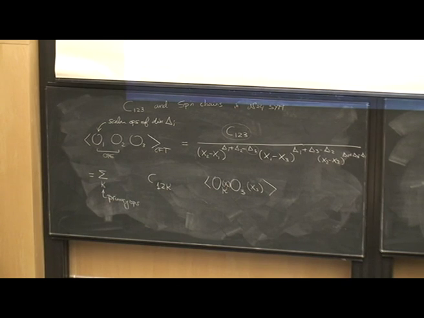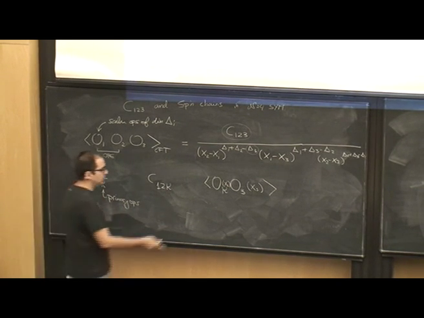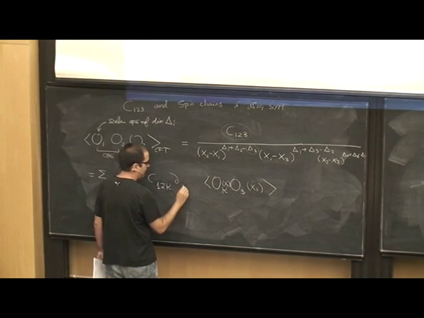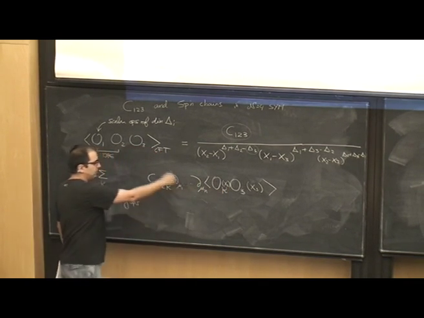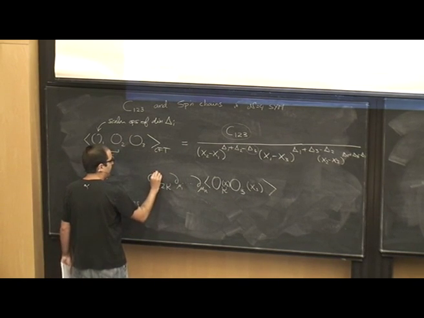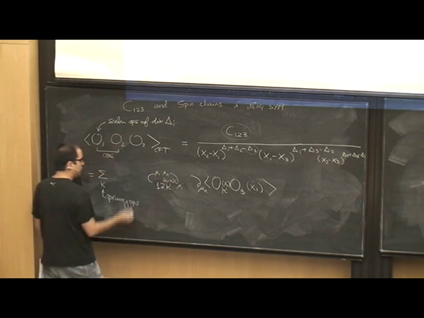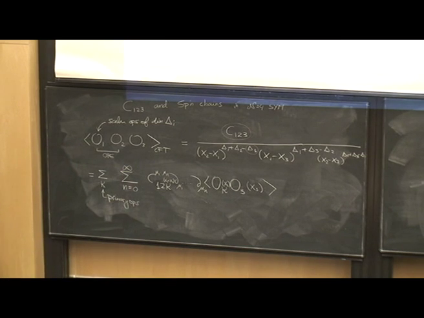Now let's fill in this equation. It's not correct as it stands. We can sum over the primaries, or we can sum over descendants. So this O_k can be a primary, or it can be a derivative of a primary, with any number of derivatives, d mu 1 up to d mu n, acting on x2. These are derivatives with respect to x2. Therefore these coefficients, with indices mu 1 up to mu n, are functions of x1 minus x2, and we should also sum over the level of the descendant.